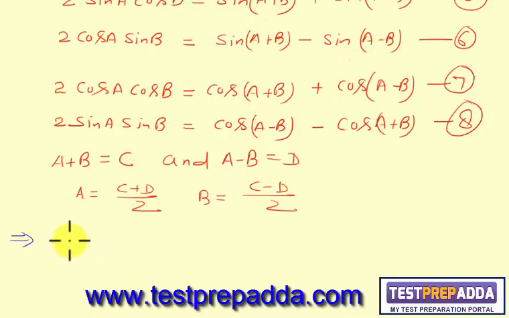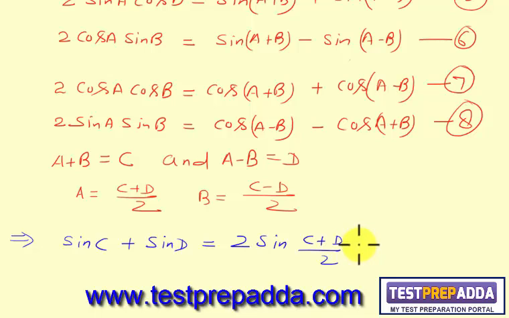So this way results will look like this: sin C plus sin D will be what? 2 sin C plus D by 2 into cos C minus D by 2.